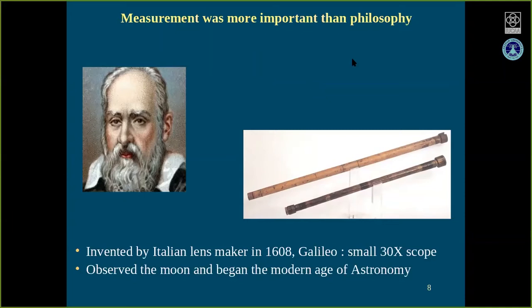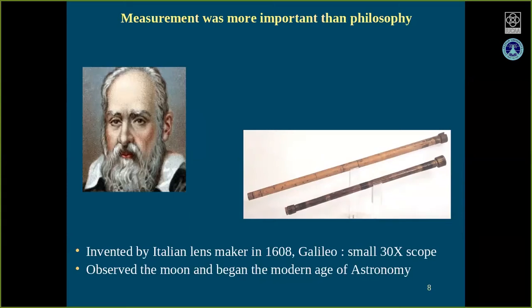In my first class I also mentioned that in the 18th century European philosophers published that you can never know what is inside a star. There is no way to know what is happening inside a star or what it is made of.